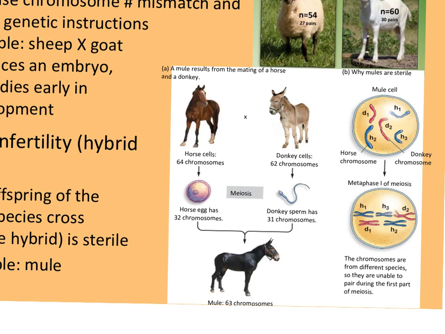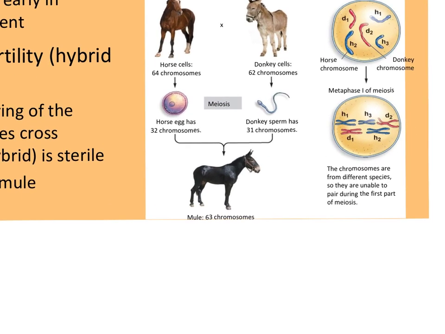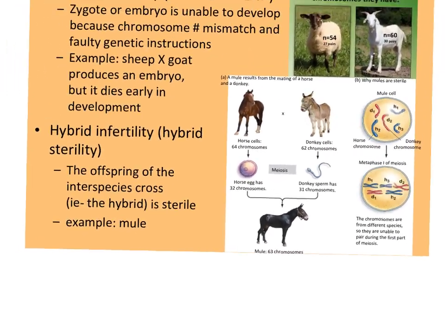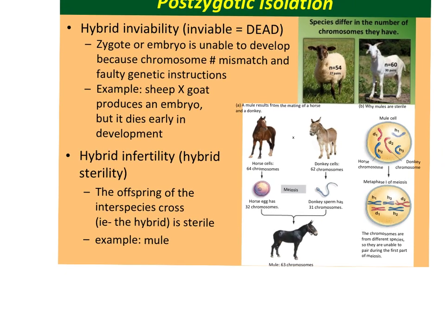The zygote goes through development, and you end up with a mule with 63 chromosomes. Unfortunately, because there's different chromosome numbers, they're not able to pair during the first part of meiosis, and so you end up with an animal that is sterile. In other words, they cannot reproduce.